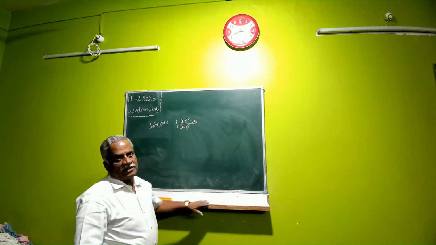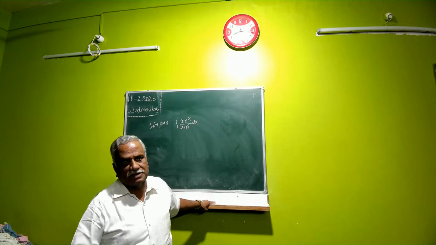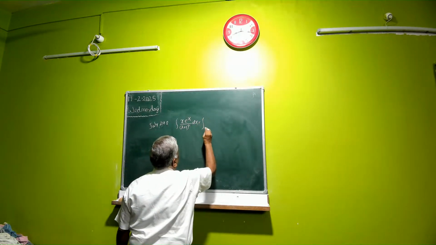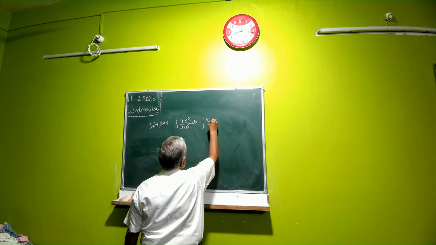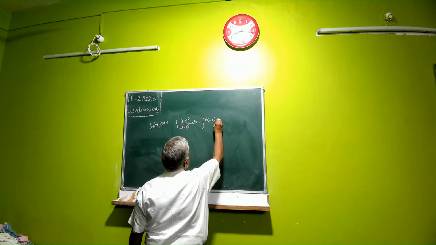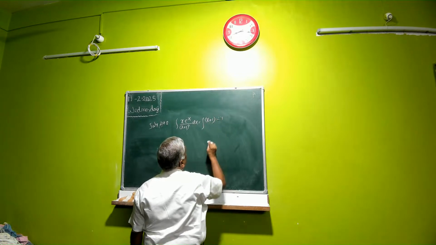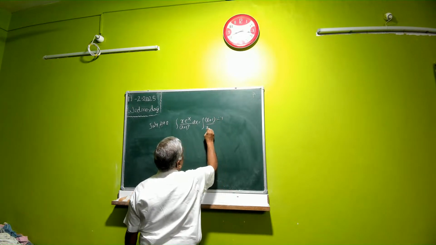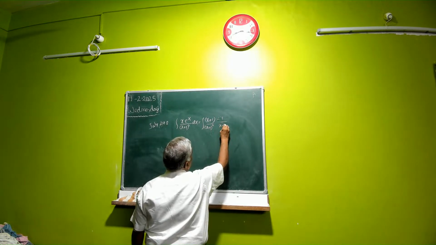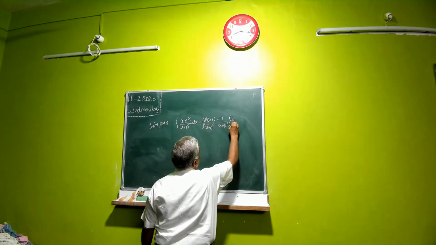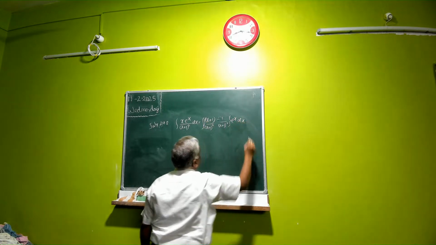Same thing, e to the power of x into f of x plus f dash of x format. What's the adjustment you have got to do? Write this as x plus 1 minus 1 divided by x plus 1 whole square minus x plus 1 whole square into e to the power of x dx.